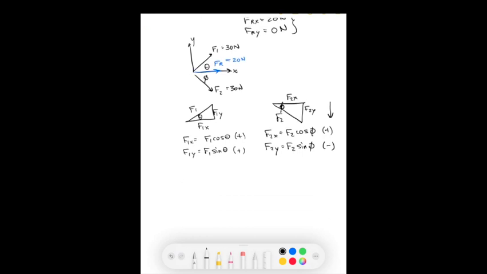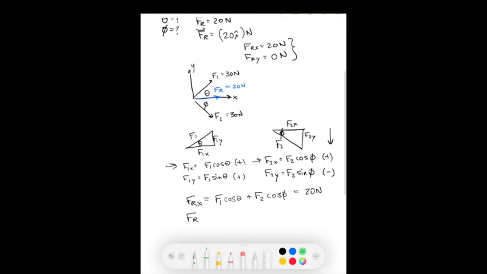Now we can create equations. FRx is equal to F1 cosine of theta, so F1x, plus F2 cosine of phi, and that equals 20 newtons from our information up here.